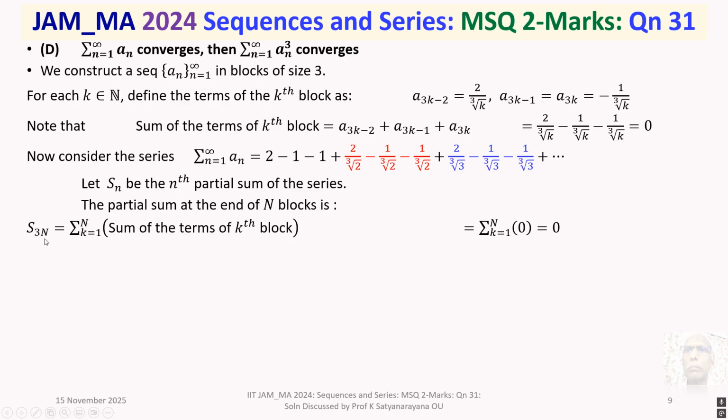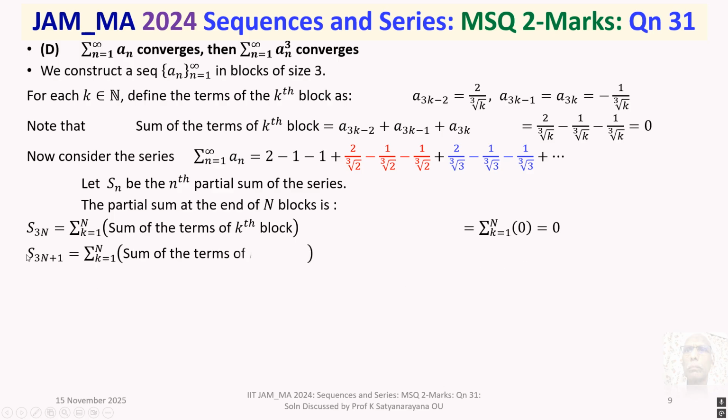So S3N, the sum of the first N blocks, is sigma k equals 1 to N of the sum of the terms in the kth block. The sum of the terms in any block is 0, so the sum is 0. So what happens?